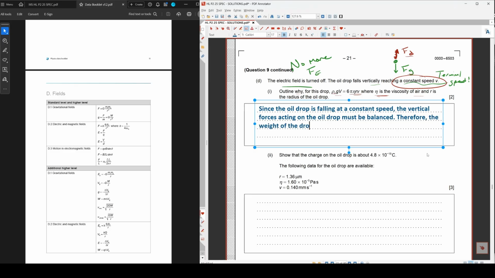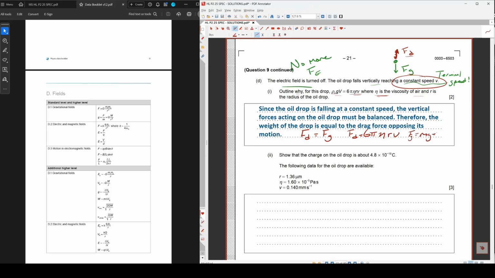Therefore, the weight of the drop is equal to the drag force opposing its motion. If I want to really spell it out, I could say the drag force is equal to gravity. Drag is just the equation for viscous drag, 6 pi eta r v, and Fg is mg, which we already showed is this whole density volume thing. So they are equal.